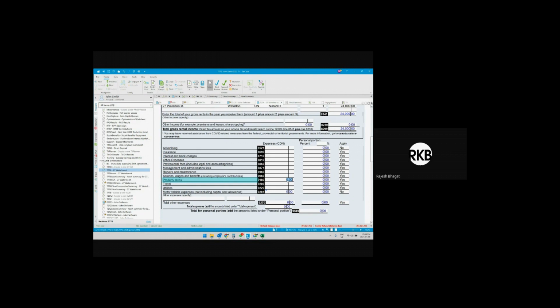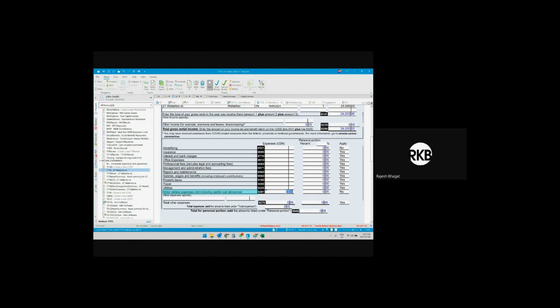Property tax you must be paying for your property. Any travel expenses: you went to the house for repair, so you can claim traveling expenses. You went to Home Depot, bought the equipment, then you went to your rental property and installed it. Utilities, unless they are paid by the tenant. If the tenant is paying utilities, then you will not claim here.